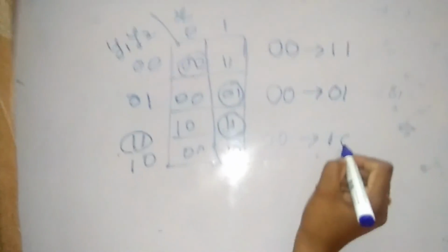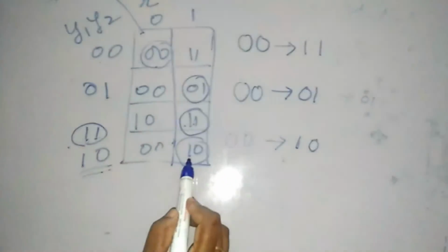Now consider another change of input from the 0 0 condition, where my y1 changes to 1 0. If there is a delay and this 1 0 becomes your next input, I get the next condition as 1 0, right? So that is for the input 1. You can see over here that your stable state is not correct.